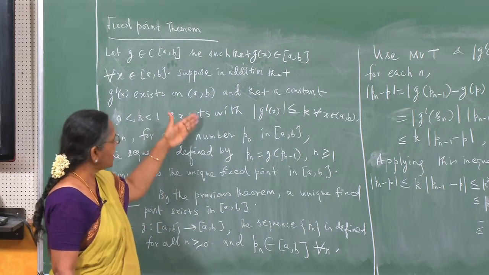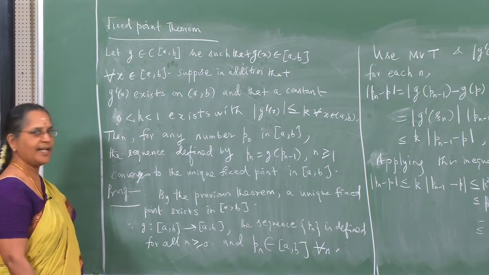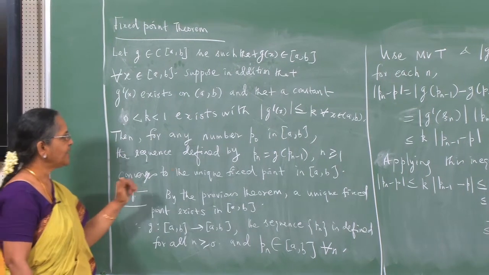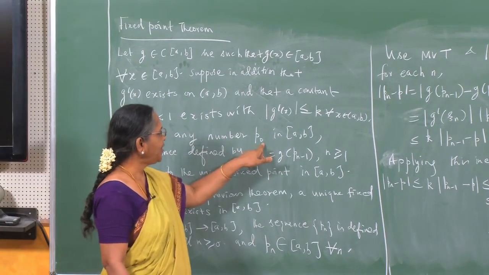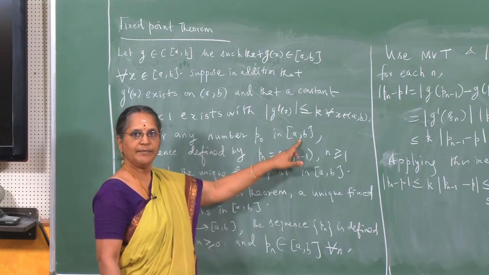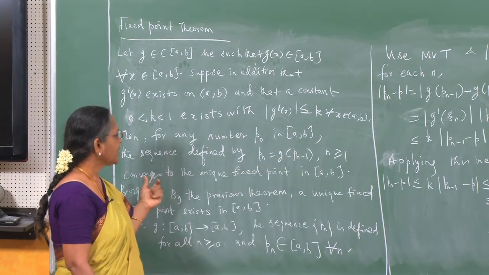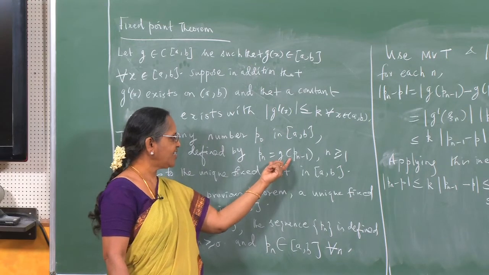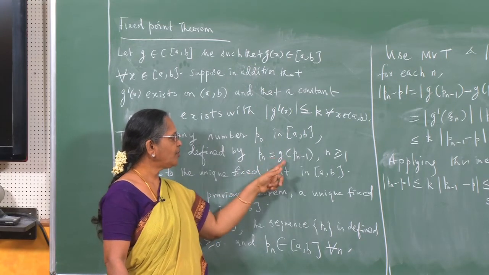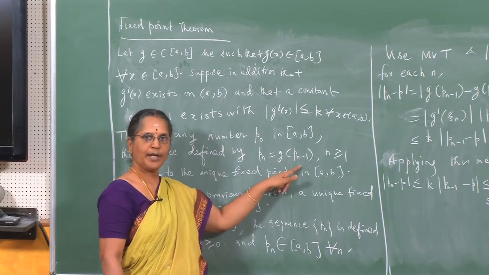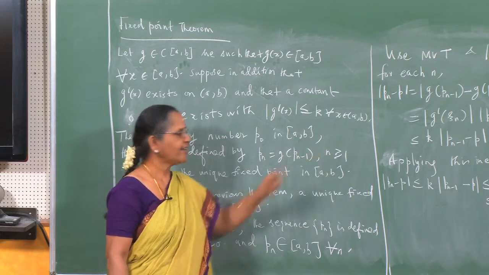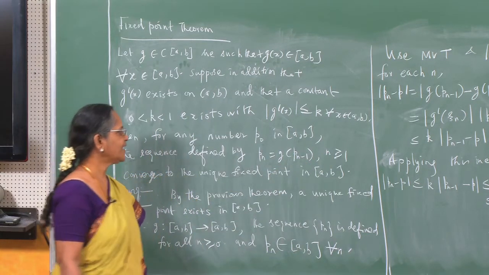So, if those conditions are satisfied, then the result says for any number p naught in this interval a b, you consider the sequence of iterates generated by p n equal to g of p n minus 1 for n greater than or equal to 1. What does that mean?